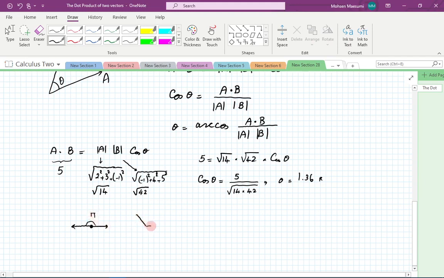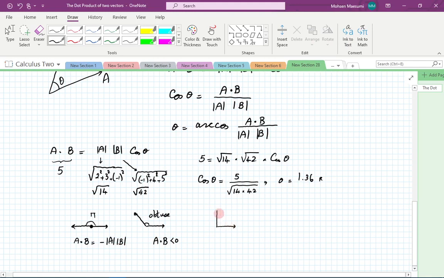You can have the situation where the angle is an obtuse angle. So in this case, A dot B becomes the negative of the norm of A times the norm of B. In this case, A dot B is a negative quantity, but it's not as low as that.